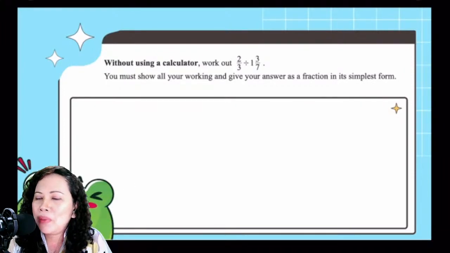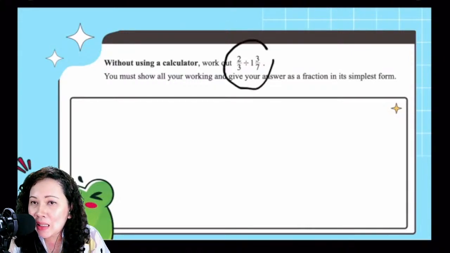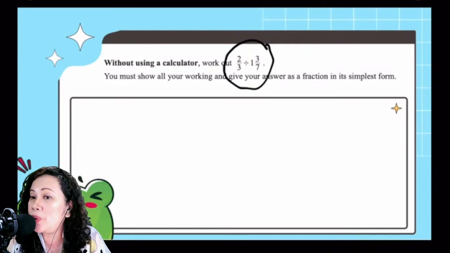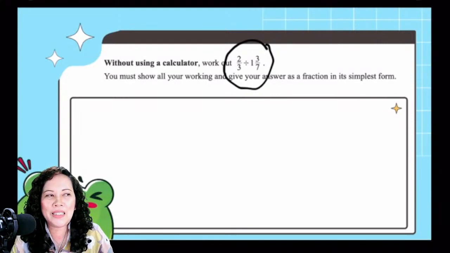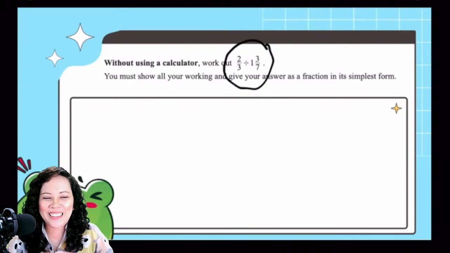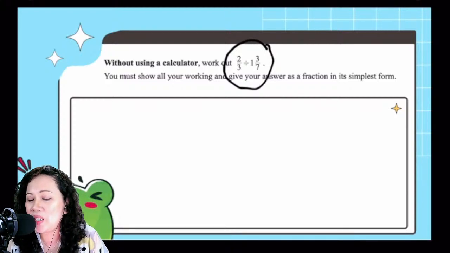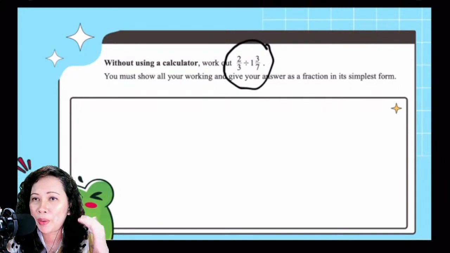Okay, so if you are asked to simplify fractions such as this without using your calculator, we would follow the rule of operations of fractions.